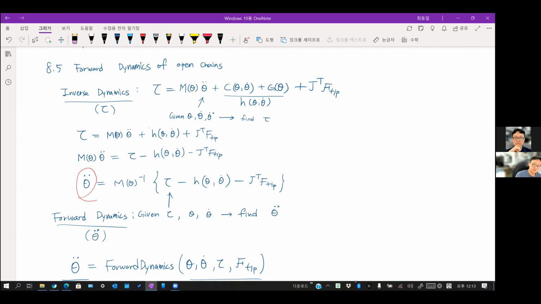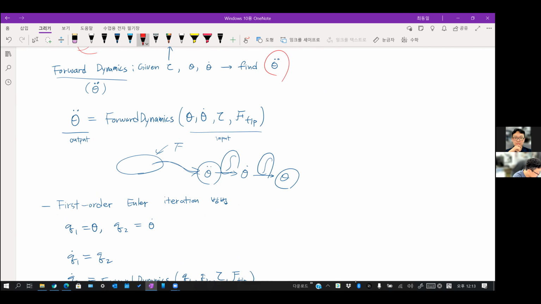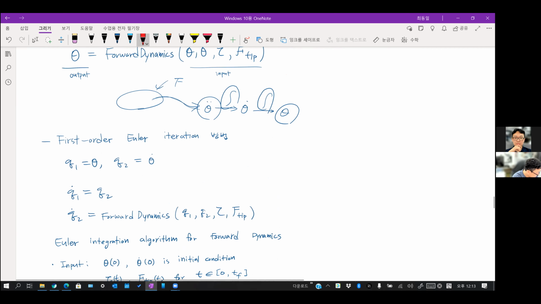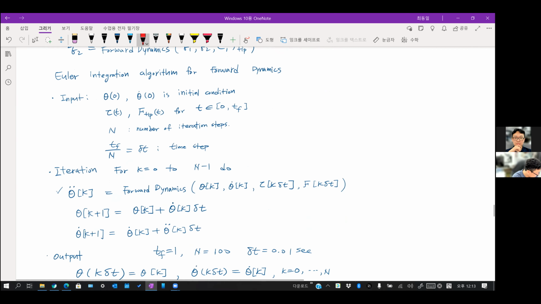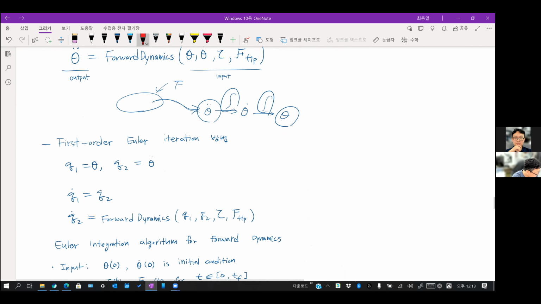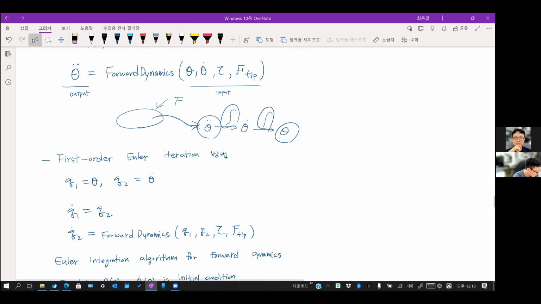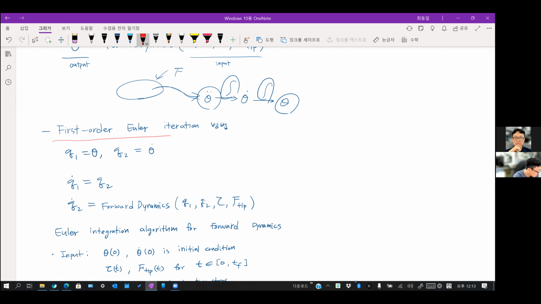So actually, I already explained this one. This theta double dot will be used to simulate some kind of rigid body motion by integrating this acceleration. So if you are making a simulation program, you can integrate this value like the first order Euler iteration method.